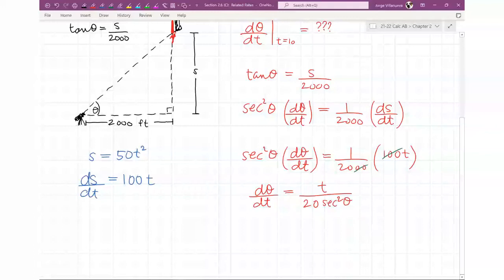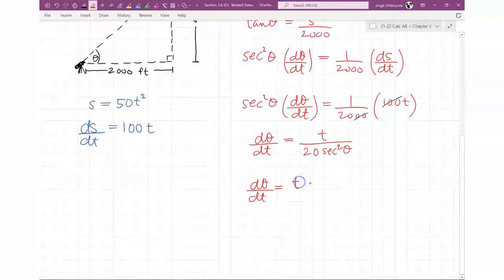Now, secant squared theta on the bottom is really what, if I move it up? Yeah, that would be t cosine squared theta. Now, here's the thing. I need to figure out two things, right?